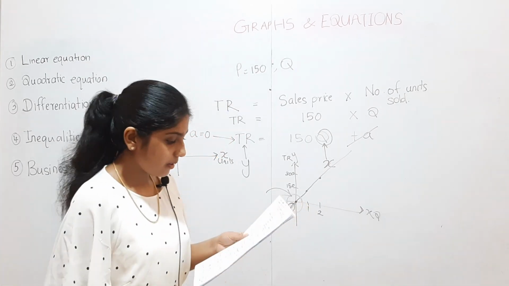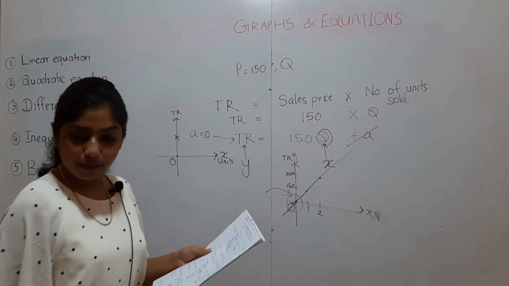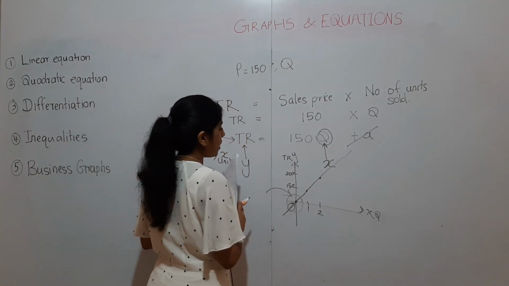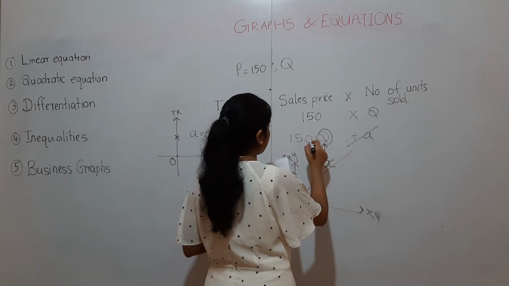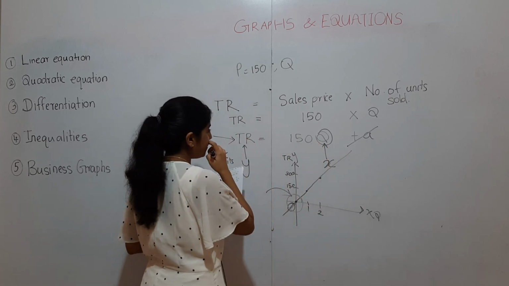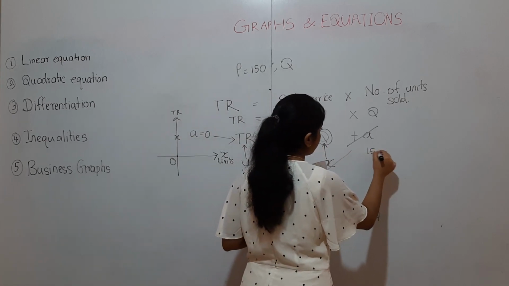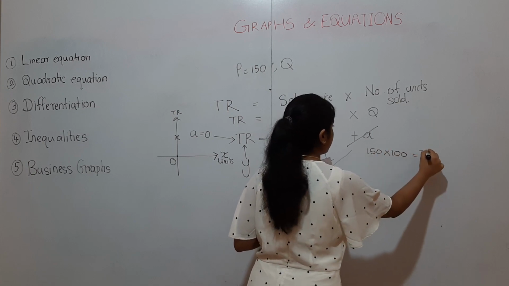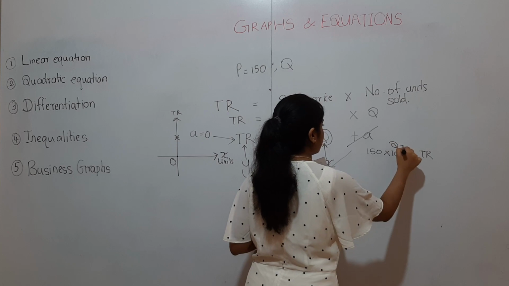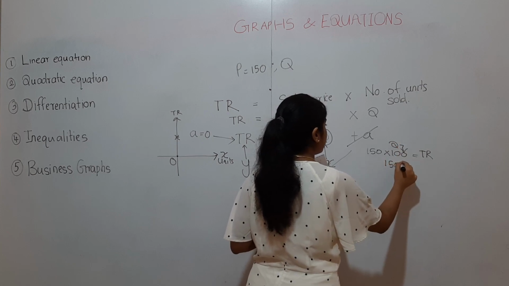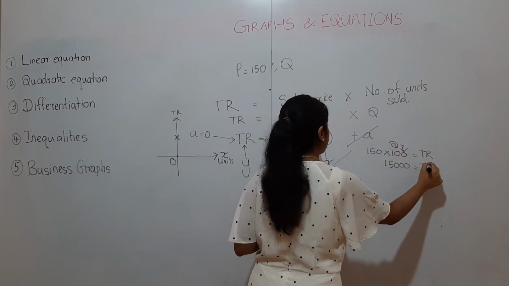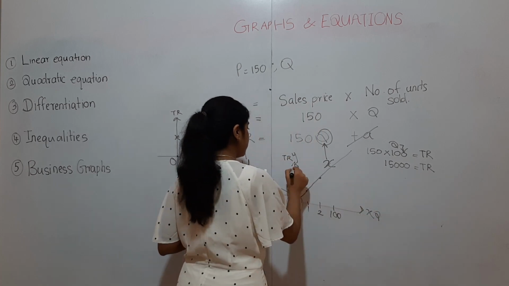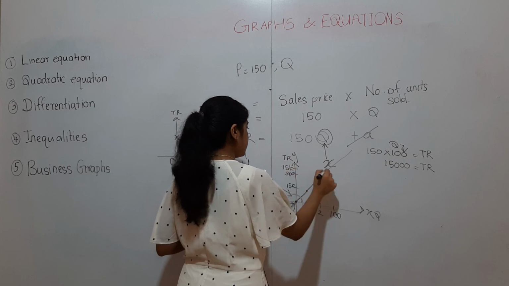Okay. Now they asked, if you sold 100 units of Q, what is R? So 100 units of Q means what will be total revenue? 150 multiplied by 100. It will give us the total revenue because Q is 100. So TR will be 15,000. When quantity is 100, total revenue is 15,000, somewhere here.